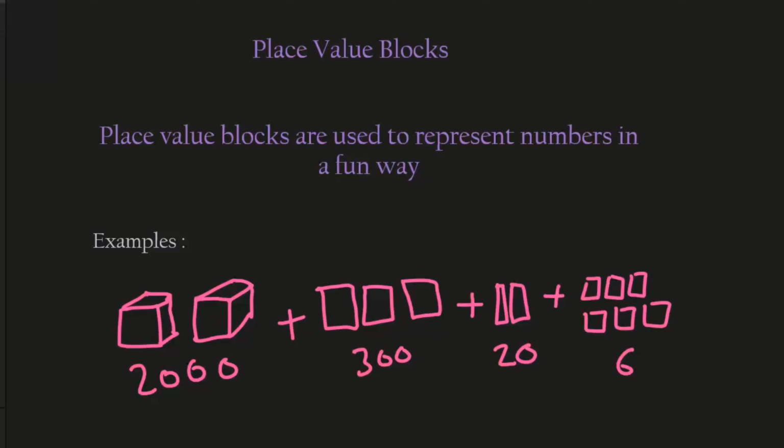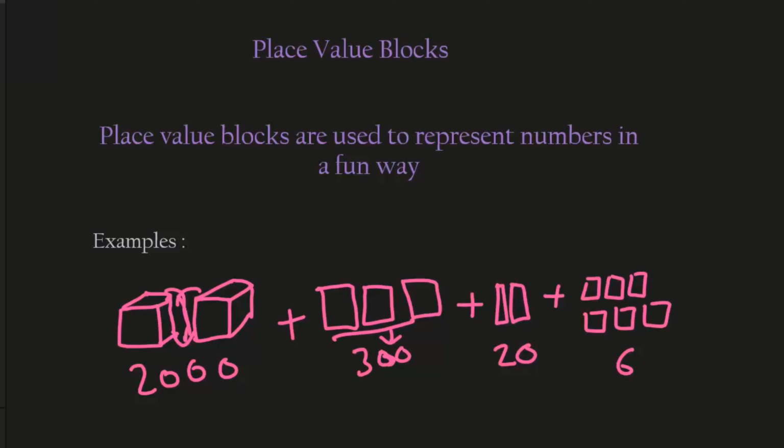Place value blocks. Place value blocks are used to represent numbers in a fun way. Examples. So we can use cubes to show numbers in thousands. Each cube is 1,000, so both of them combined equals 2,000. And squares, when you're using a two-dimensional image, count as 100, so therefore 3 equals 300.